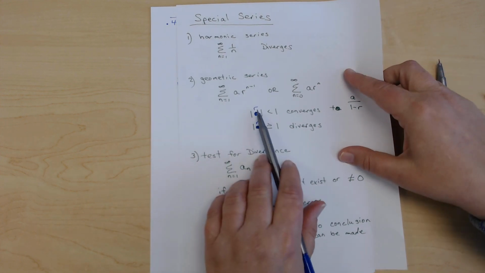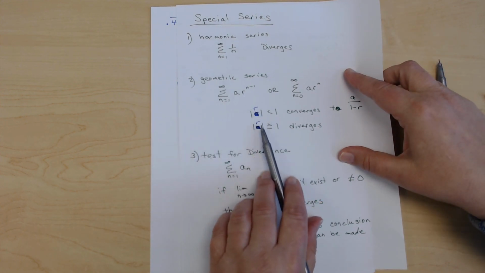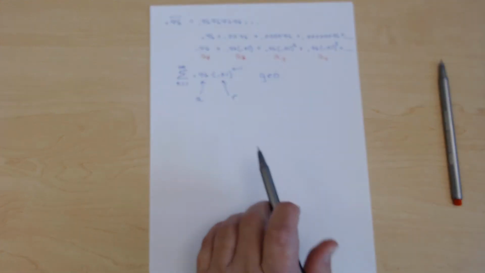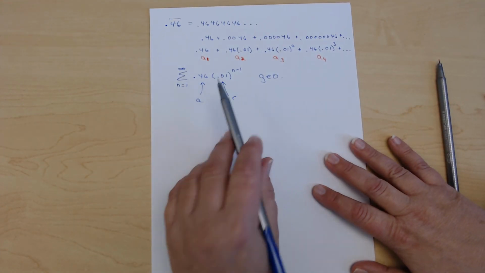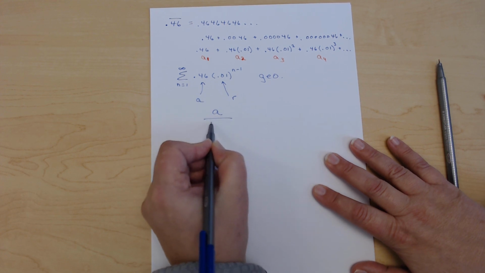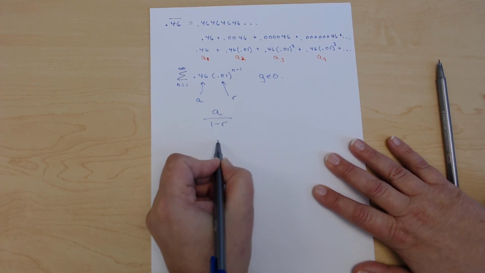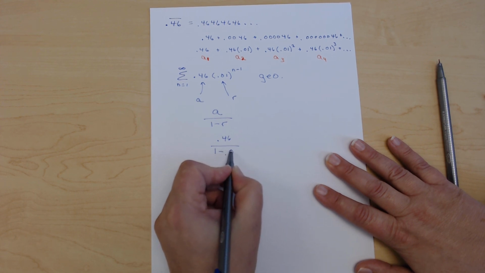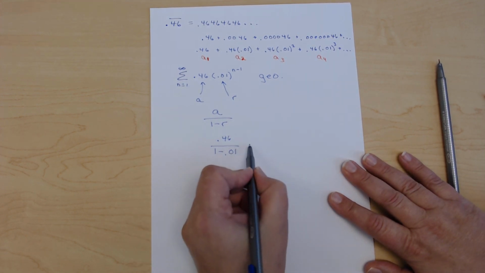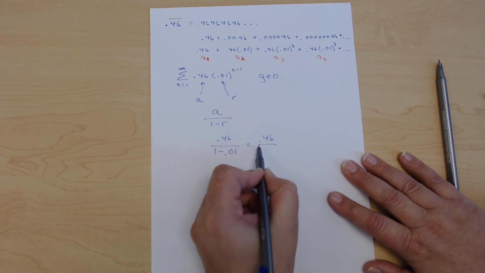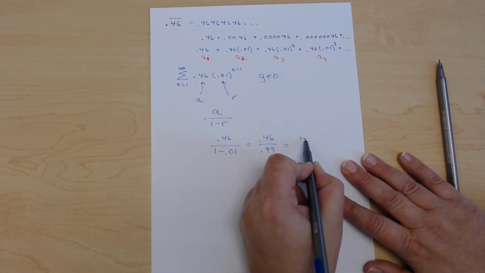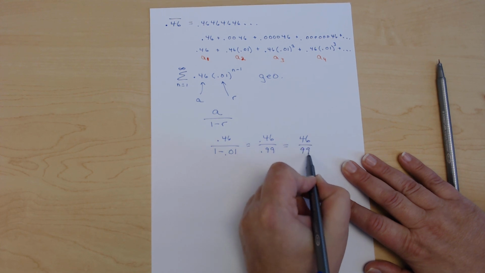It won't hurt to see that this should be R. If R is less than 1, then it converges, so it definitely converges, and it converges to A over 1 minus R. So 0.46 over 1 minus 0.01. So 0.46 over that would be 99, and so we get 46 over 99.